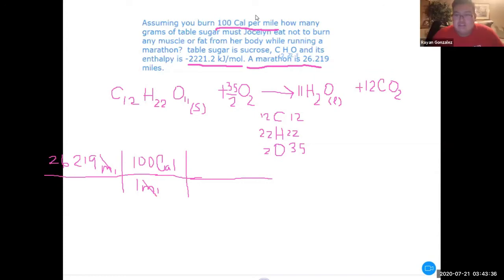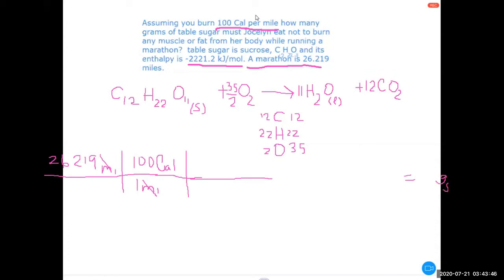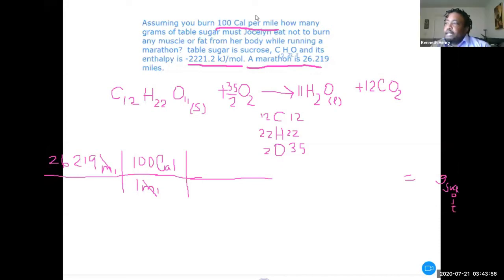So then what do I want to do? Because ultimately my goal is to get grams, right? Correct. At the end of the day, I want grams of sucrose. Okay, that's my goal. So what is my next thing? Would you need to put calories at the bottom and convert it to kilocalories?